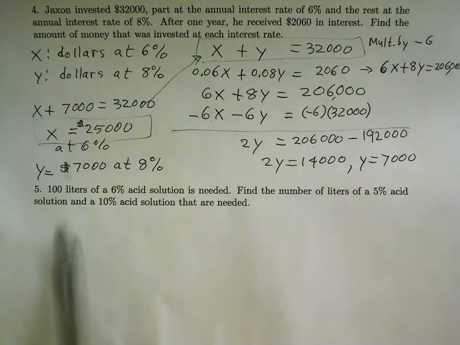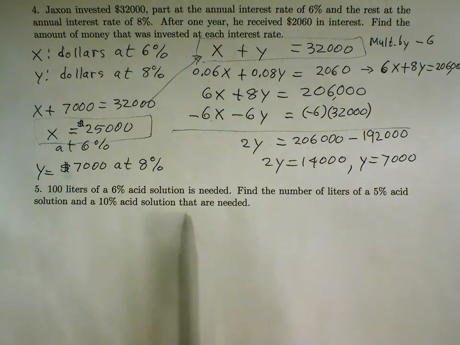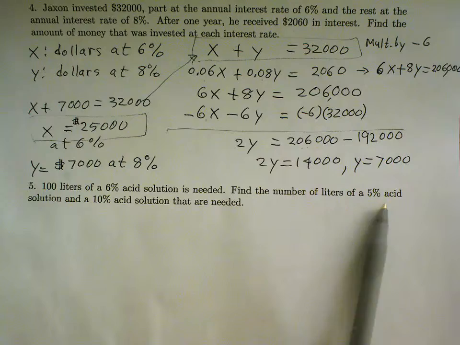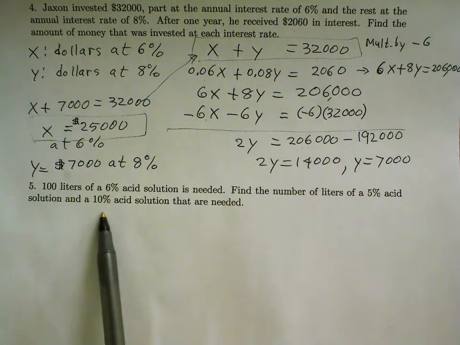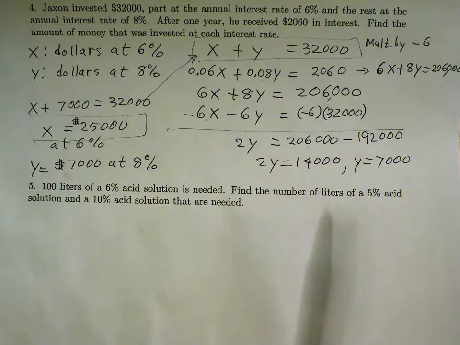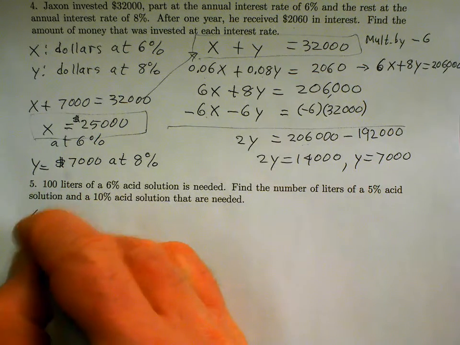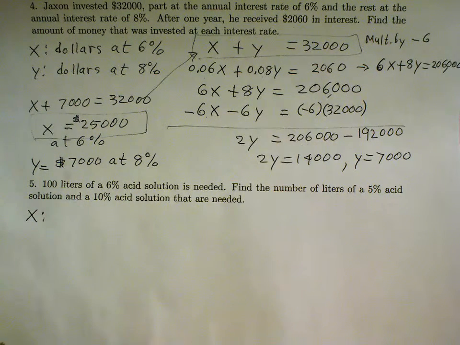100 liters of a 6% acid solution is needed. Find the number of liters of a 5% acid solution and a 10% acid solution that are needed. Okay, so we're going to assign variables for two quantities.